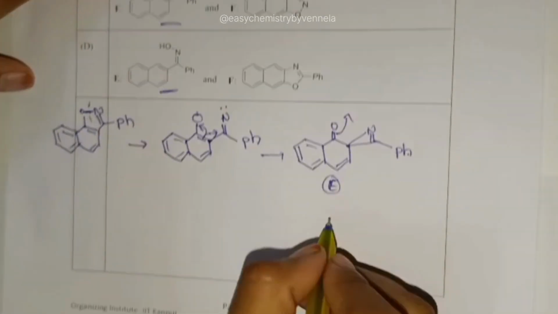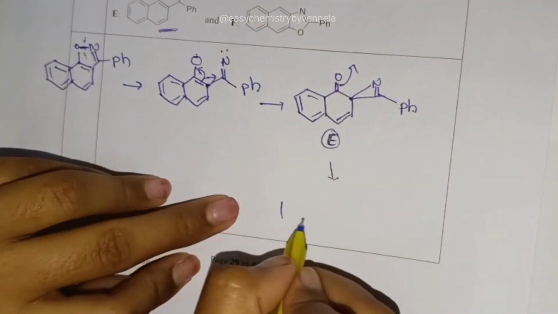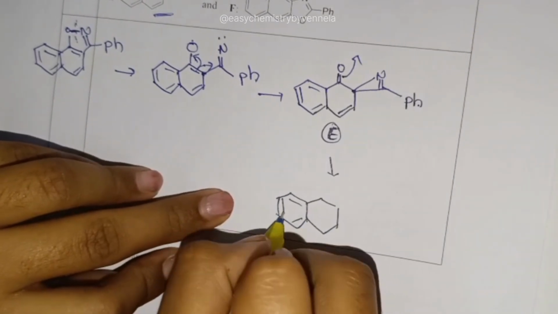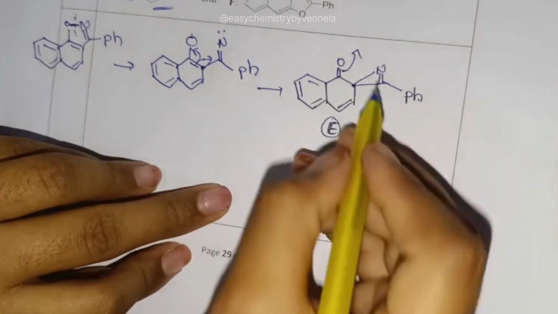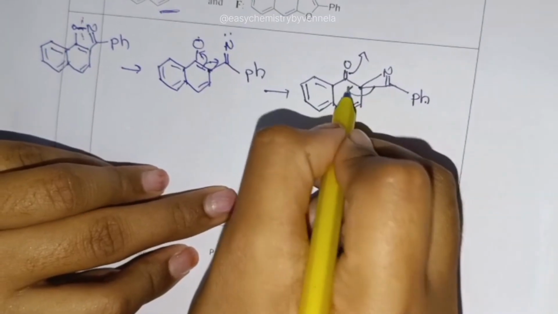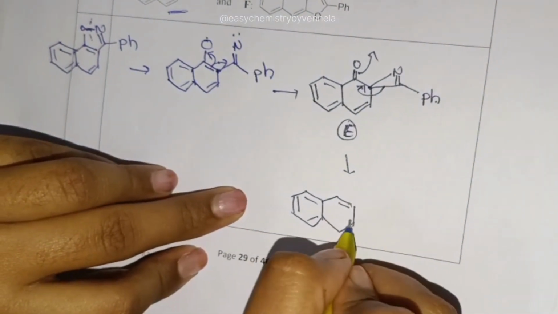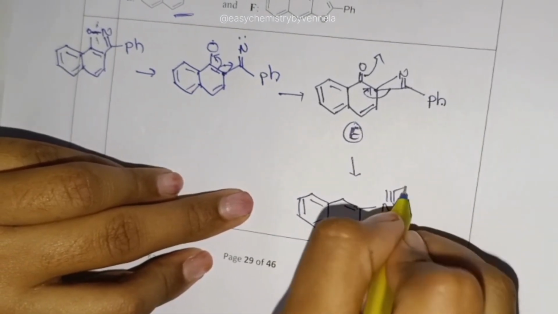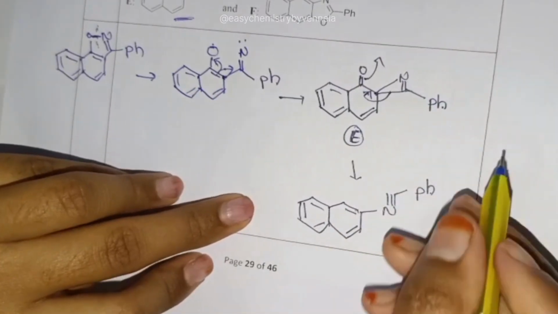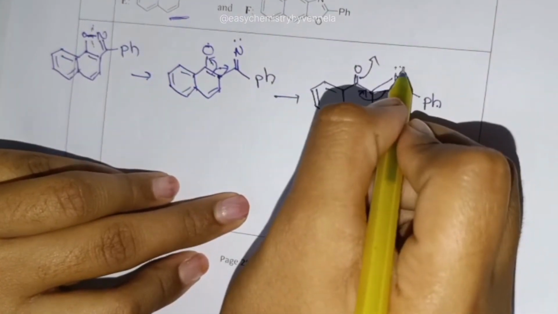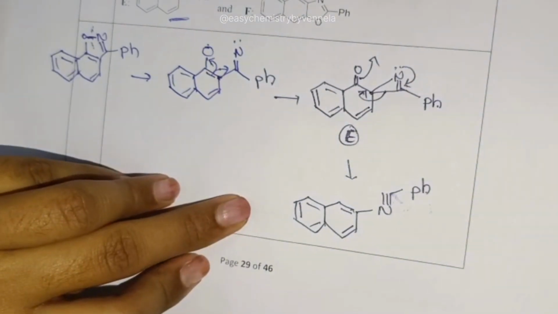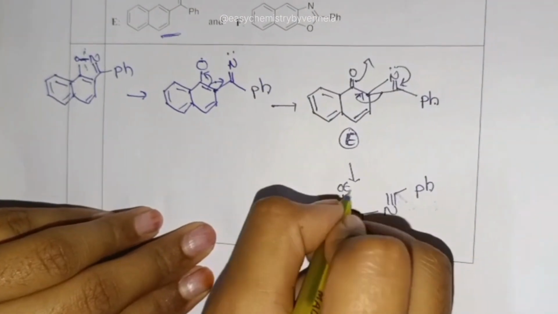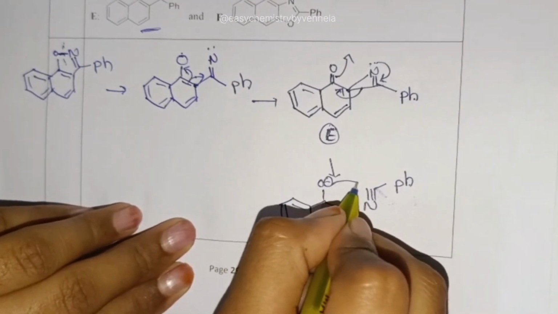So next step is here this bond migrates here. So here a bond is present. So next nitrogen triple bond phenyl is present, because here the lone pair will form a bond for nitrogen. So here oxygen will form a bond.